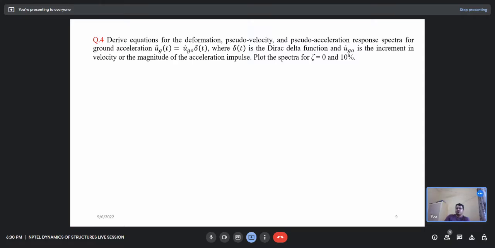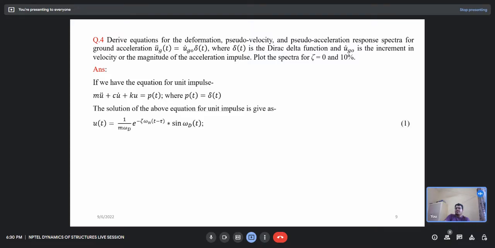Have you understood the question? Yes, sir. Okay. If I have the equation of the unit impulse, m u double dot plus c u dot plus k u equal to p(t), where p(t) is delta of t, what will be my solution for the damped equation?